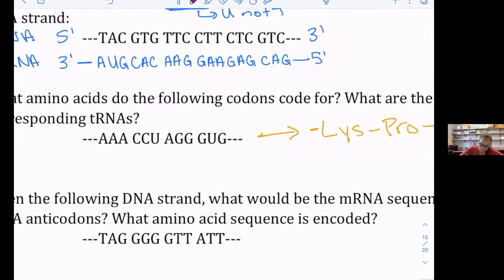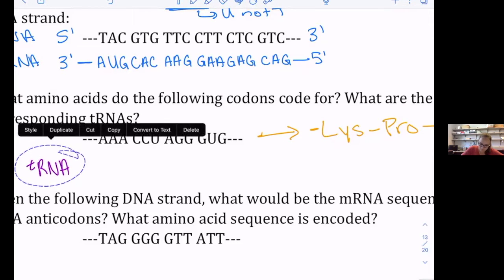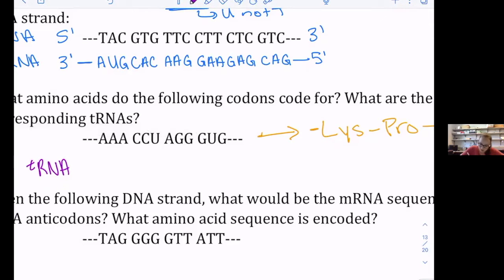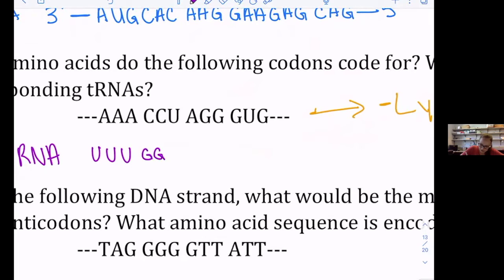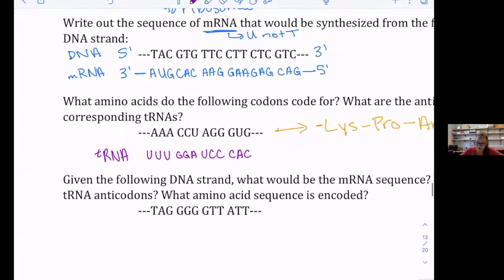So the tRNA, instead of AAA, it would be U, U, U. Remember, we're in RNA, so U and not T. Then we would have G, G, A, U, U, C, C, C, C, A, C. Okay, so those are our anticodons.